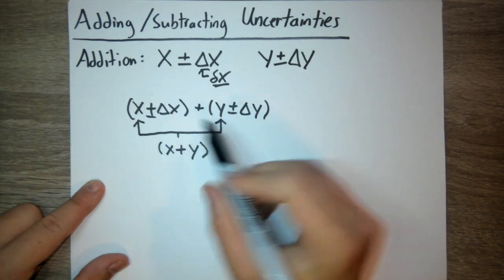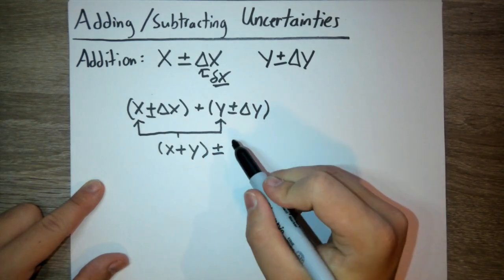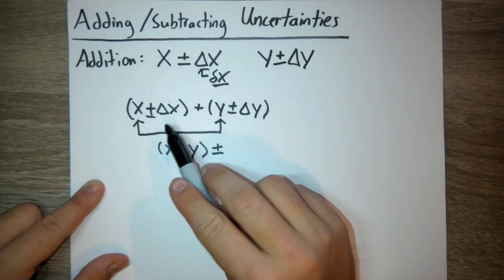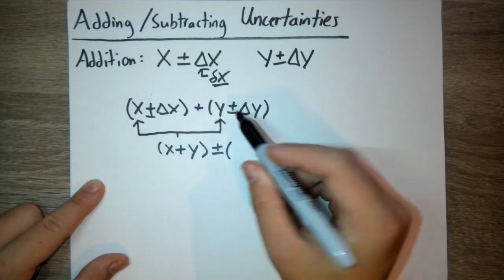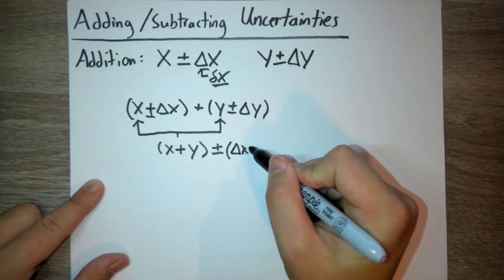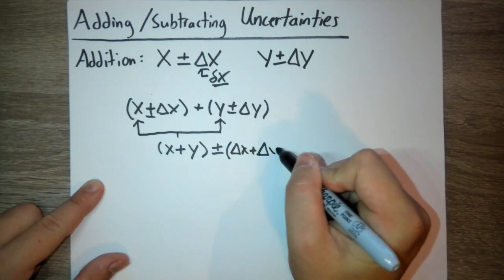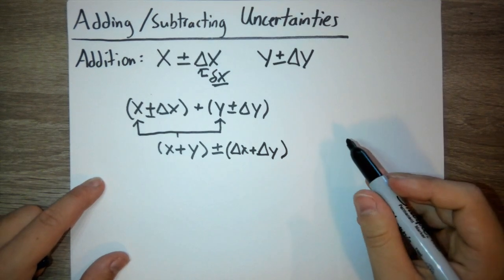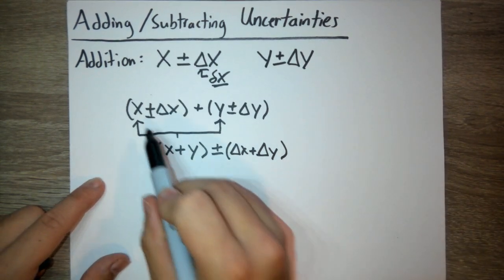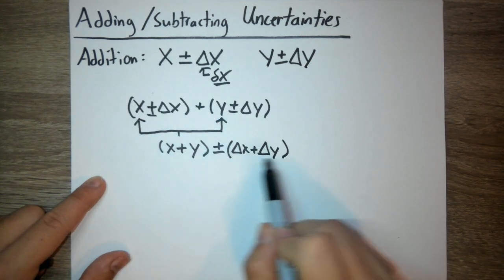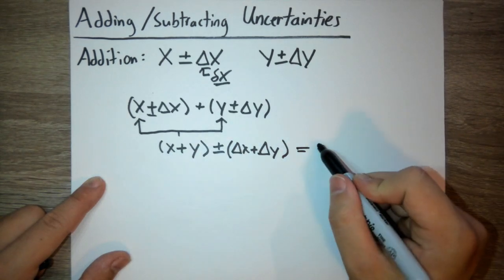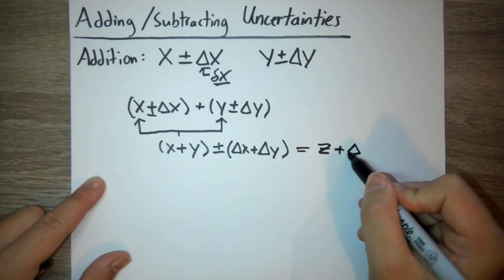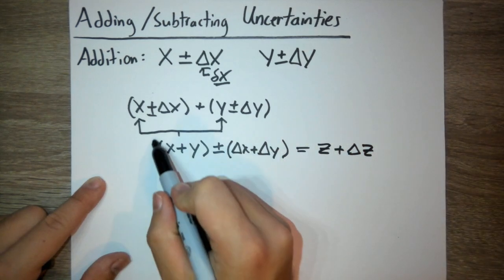Now, we can take the plus or minus and go like this, because we're now going to calculate the uncertainties. And with addition, we simply add those two quantities together. So we're adding the two values and we're adding the two uncertainties. And then that could equal, if you want x plus y to be z, z plus or minus delta z, you get that.